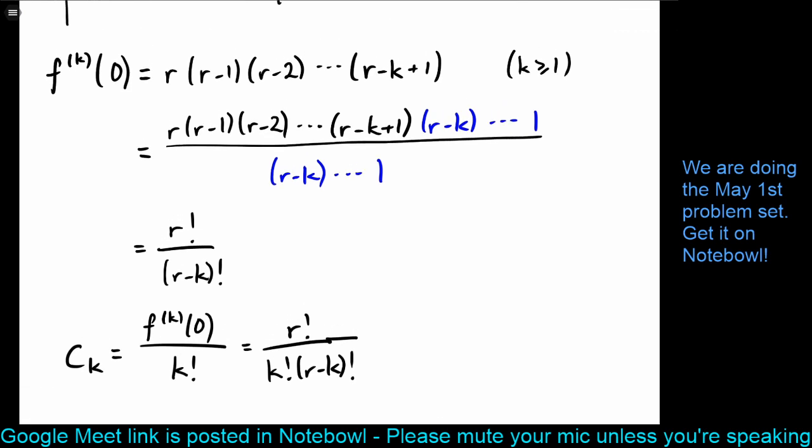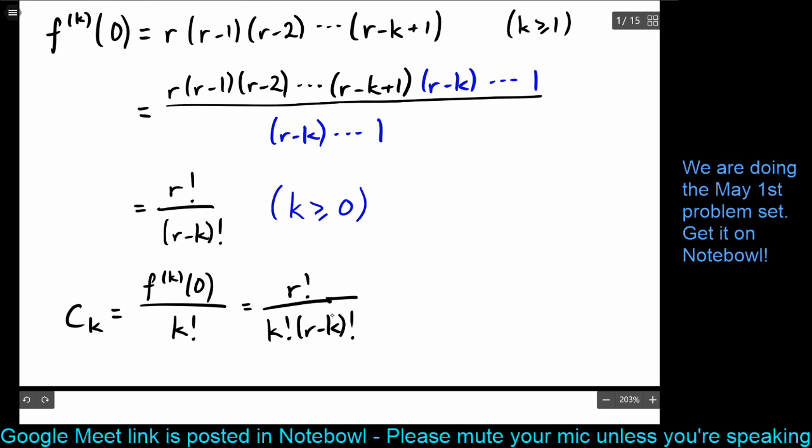Now, one really cool thing about this that I want to point out is this expression up here seems a bit odd if k were 0. But here, k is allowed to be 0, because if we plug in k equals 0, we get r factorial over r factorial, which has got to be 1, which is what we want, right? So we're good to go.